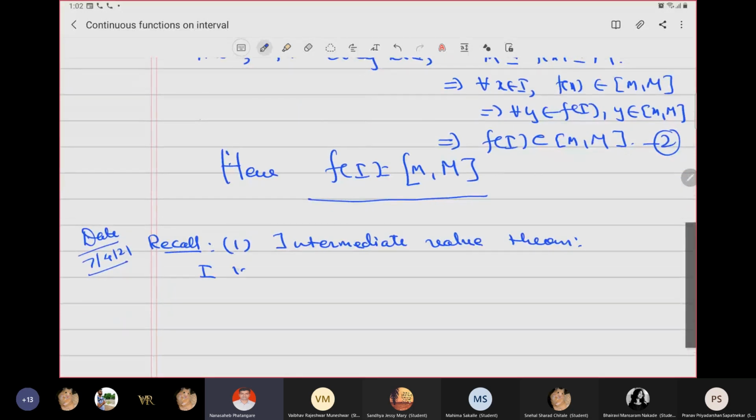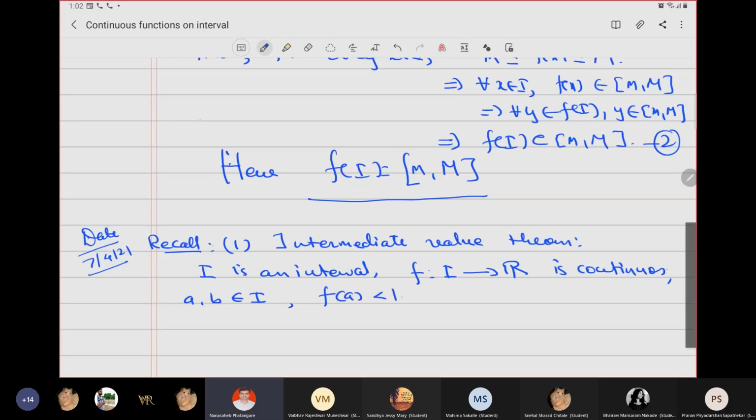I is an interval, f is a continuous function, and a and b are any two numbers in I. Suppose k is a number between f(a) and f(b), then there exists c between a and b such that f(c) is equal to k.